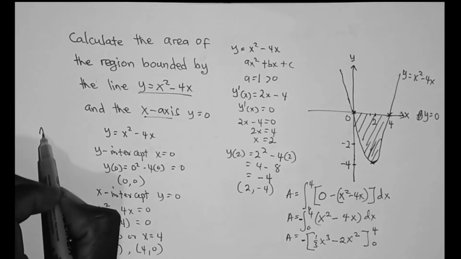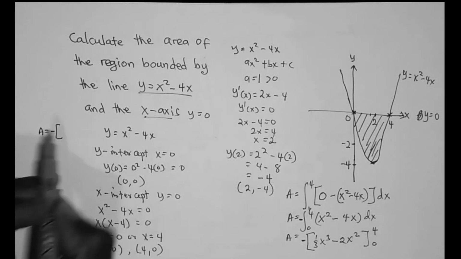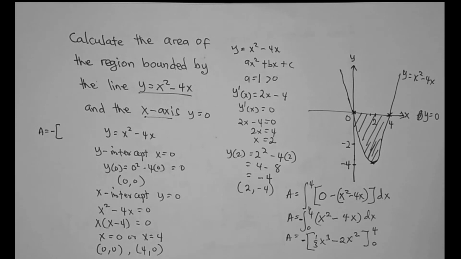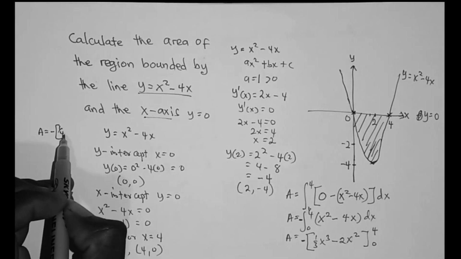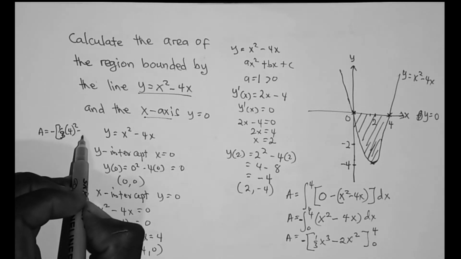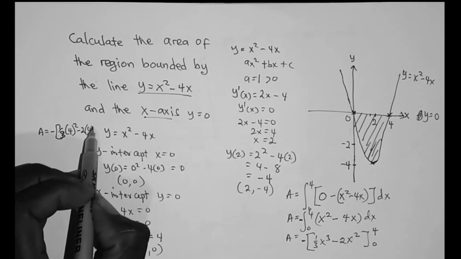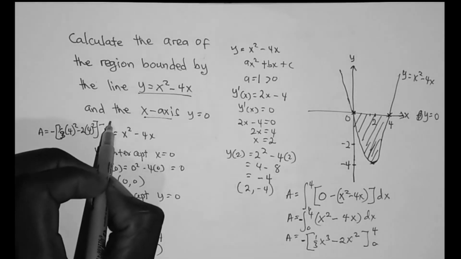So let me continue from this side. A is equal to minus, then let's put in the upper limit, which is 4. So this becomes 1 over 3 times 4 exponent 3 minus 2 times 4 exponent 2, then minus the lower limit, where everything becomes 0.